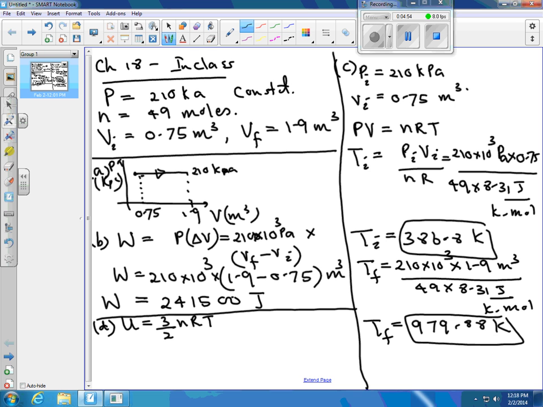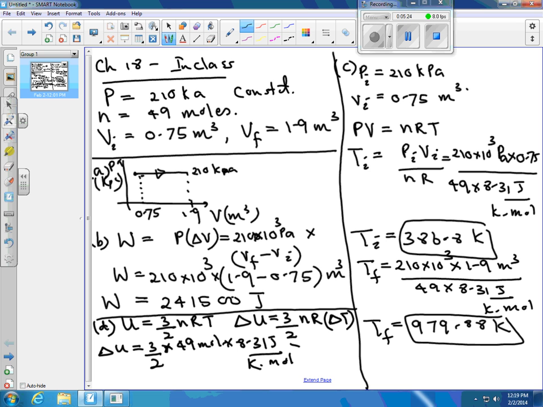If you want to find delta U, the change in internal energy, since it is a state function, we can use delta T. So delta U equals 3 over 2 n, which is 49 moles, R is 8.31 joules per Kelvin per mole, times delta T, 979.88 minus 386.8 Kelvin.